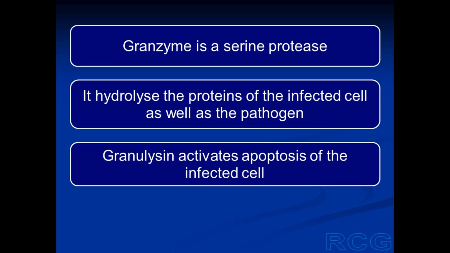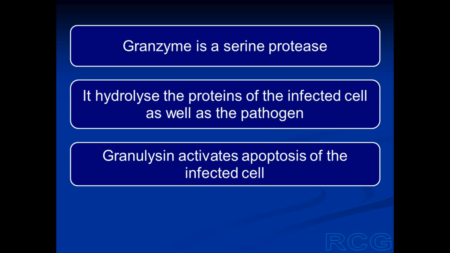This granzyme is a serine protease, a proteolytic enzyme. This enzyme hydrolyzes the proteins of the infected cell and also the proteins of the pathogen which is present inside the infected cell.